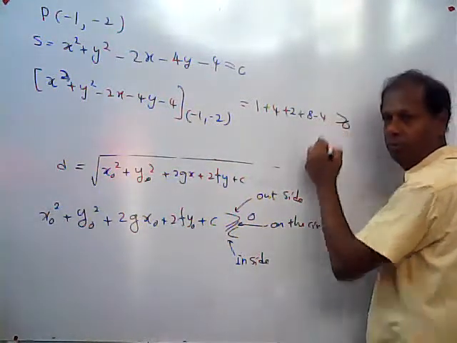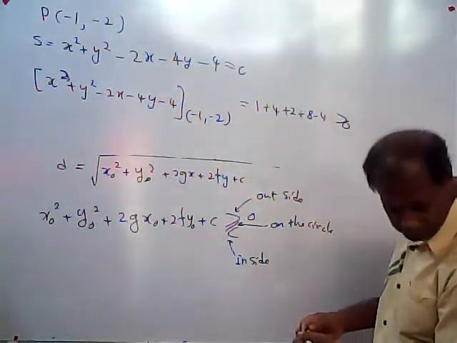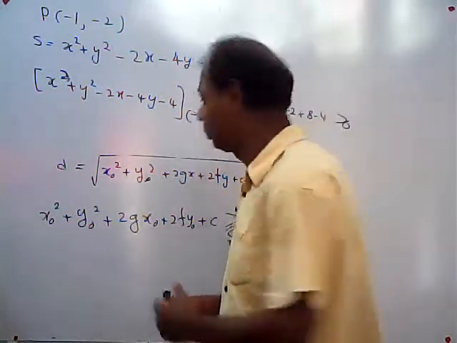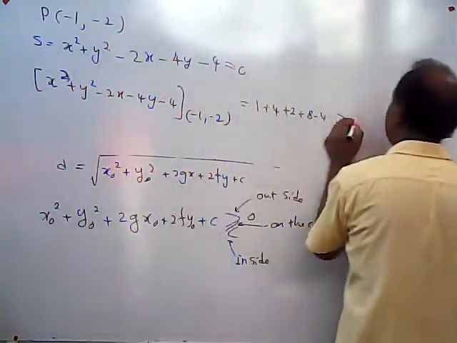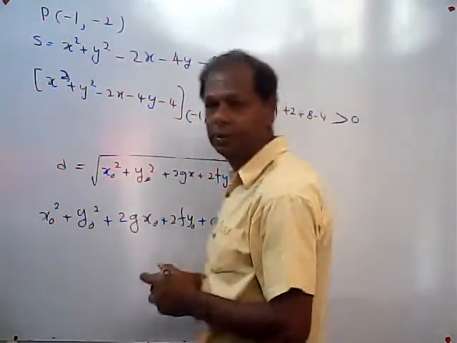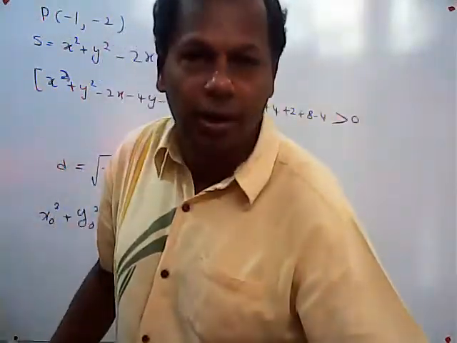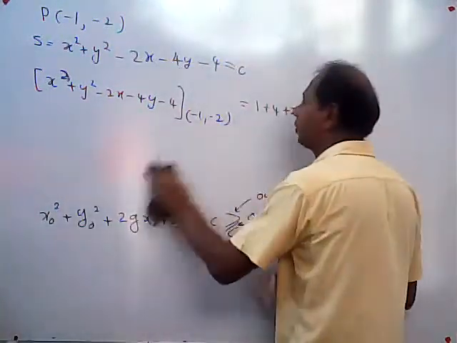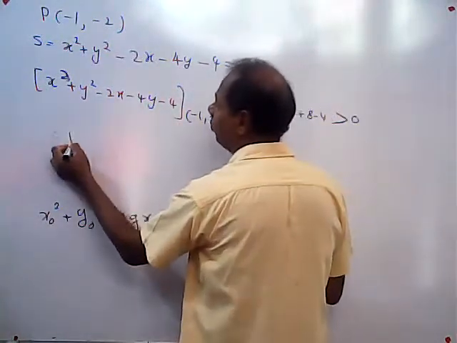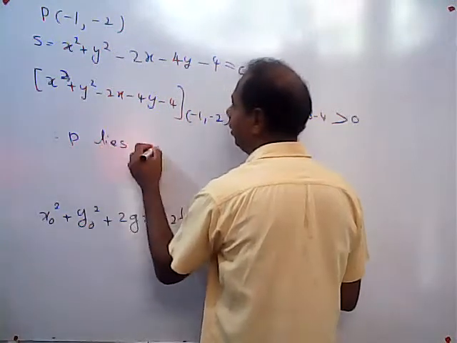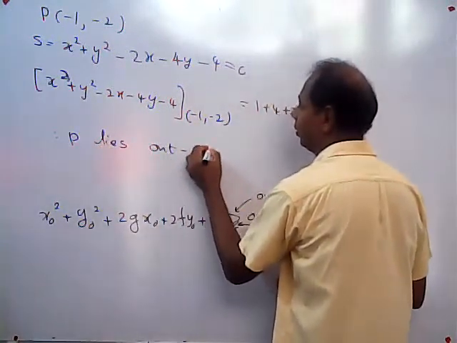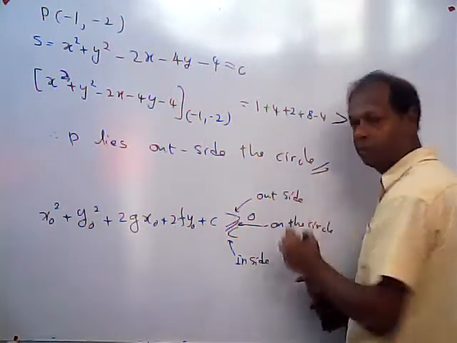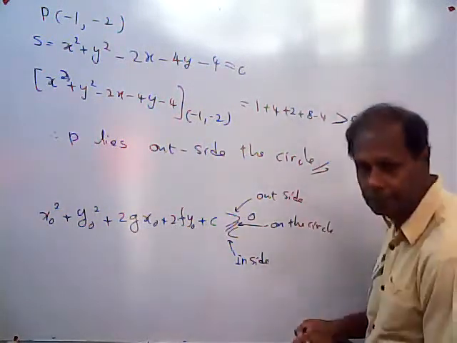Definitely positive, greater than 0. Our conclusion, the point stays outside the circle. Therefore, P lies outside the circle. So this is the answer for the first question.